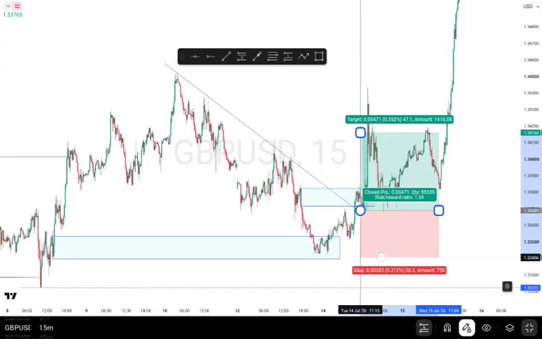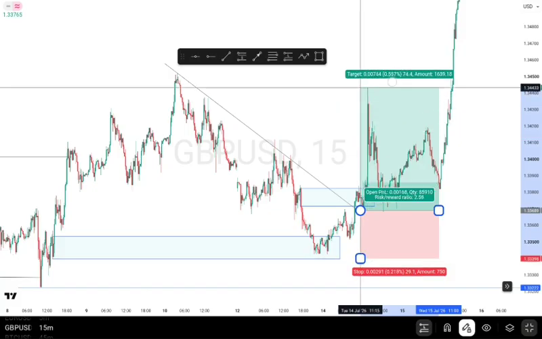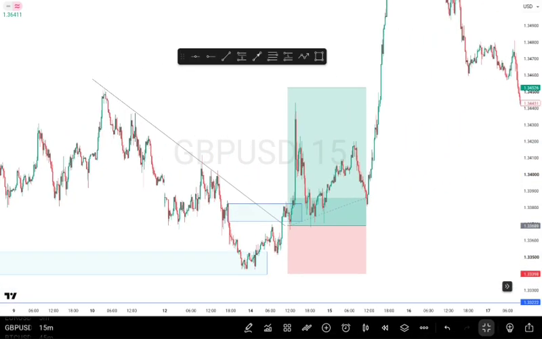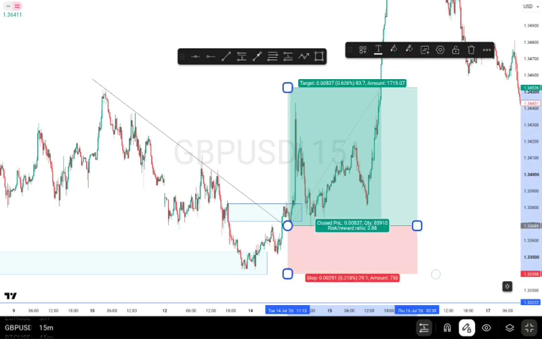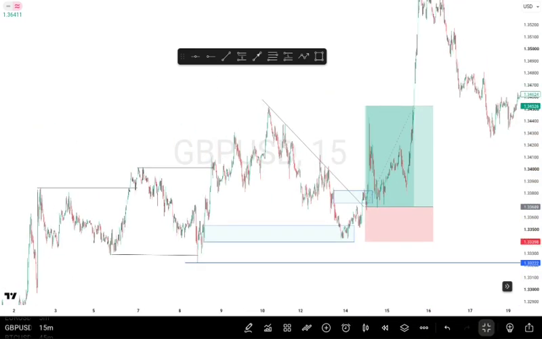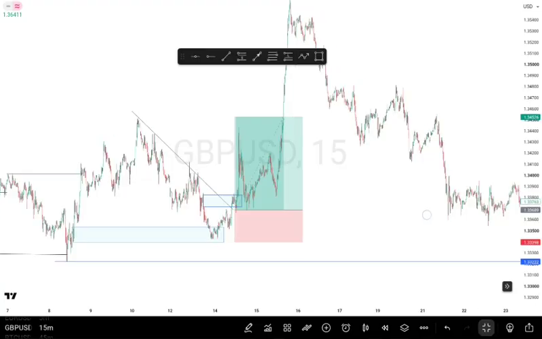Look at it. This is it. Taking out these sell stops. And then eventually market did what? All right, this is a typical example of trend line liquidity. Do we get that?